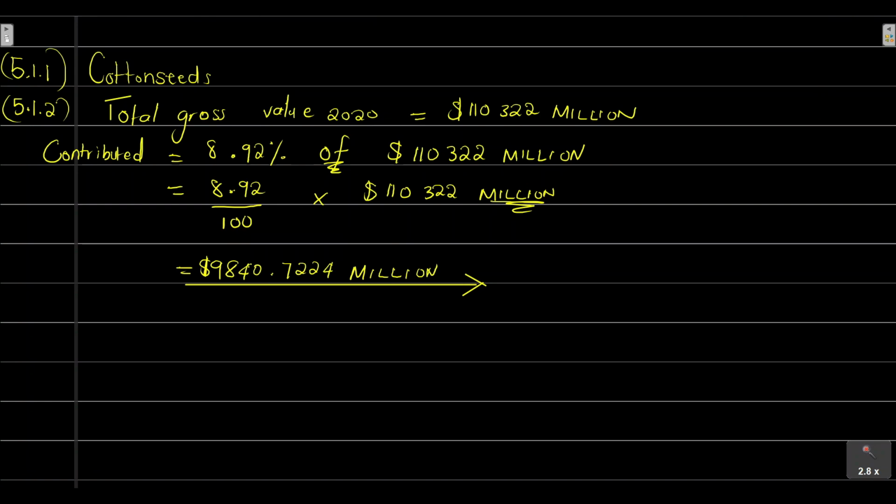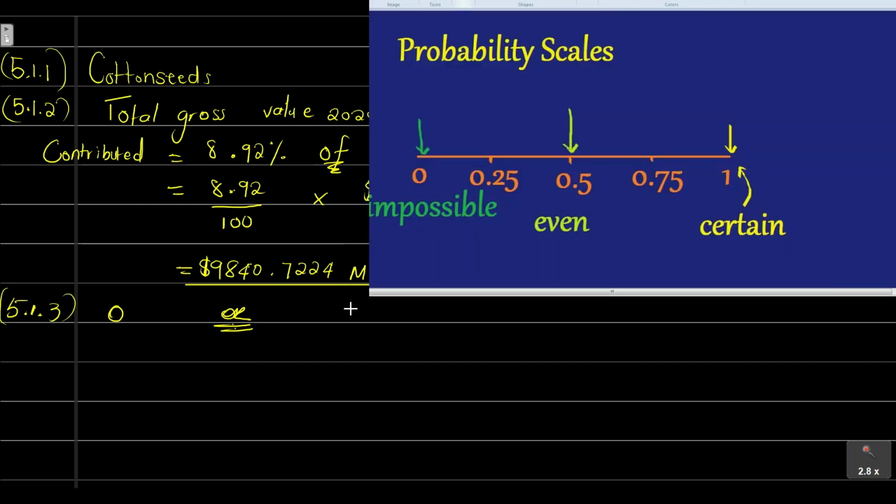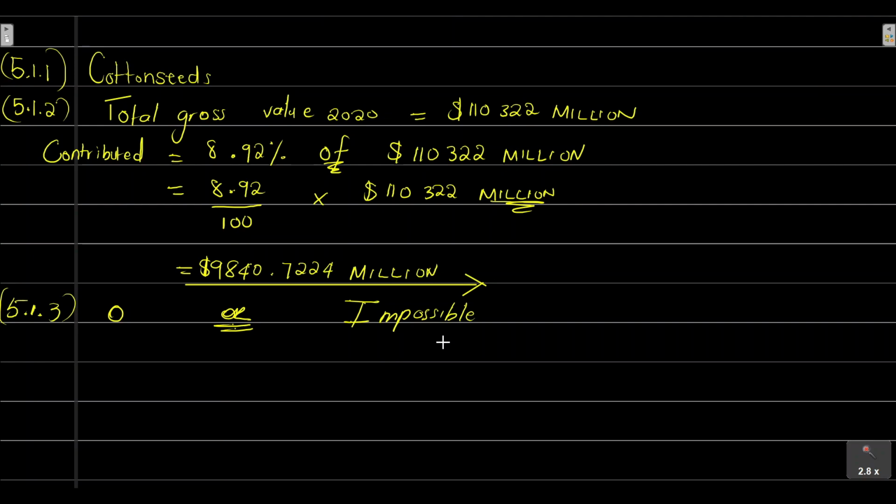It's impossible to choose potatoes because potatoes are not listed as products produced in Brazil. Looking at the probability scale, 0 is impossible. It cannot happen.